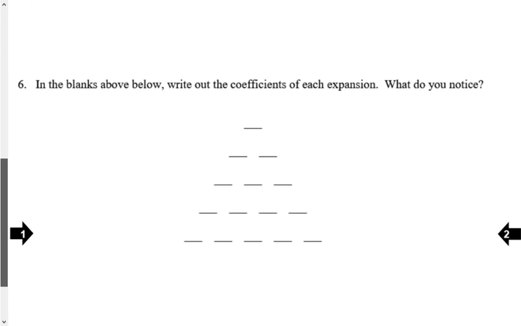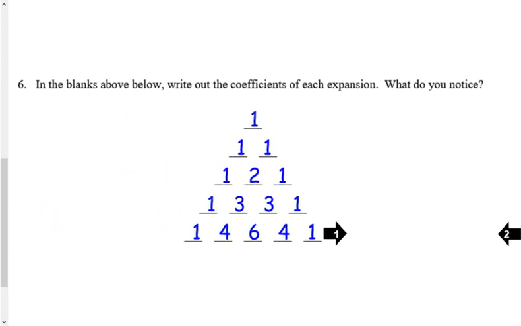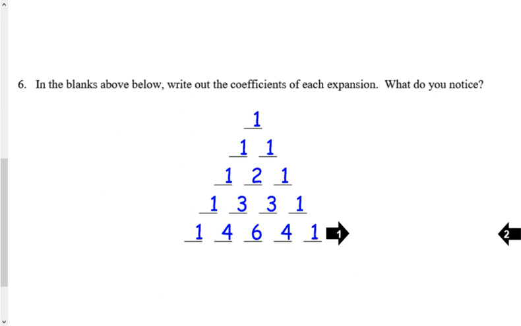So when you fill those in, you've got these numbers, the 1, 1, 1, 1, 2, 1, 1, 3, 3, 1, 1, 4, 6, 4, 1. Scott. That's right. So the first term in the binomial will be descending. The second term in the binomial, the exponents will be ascending.